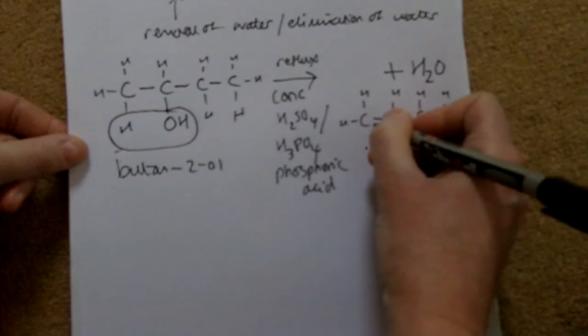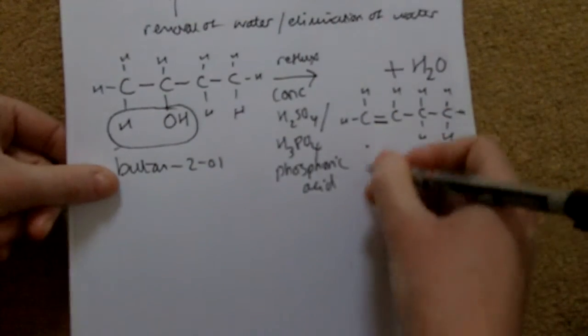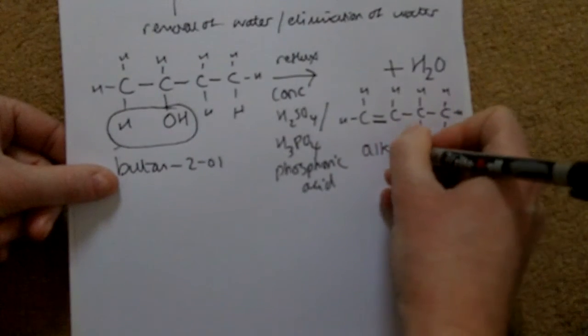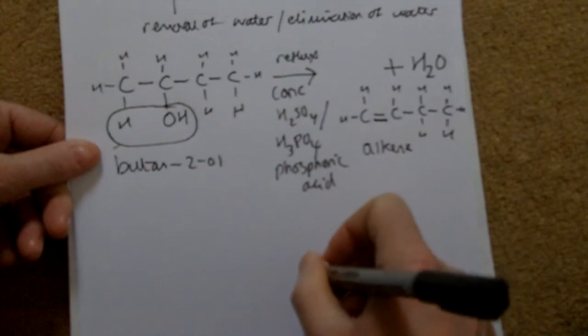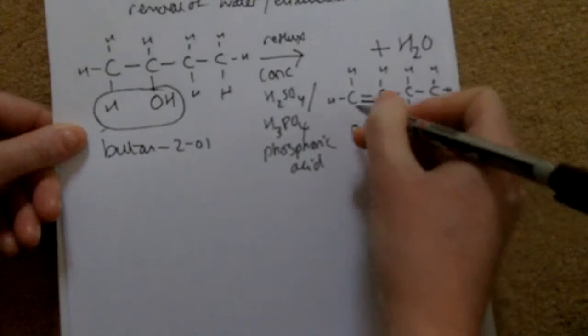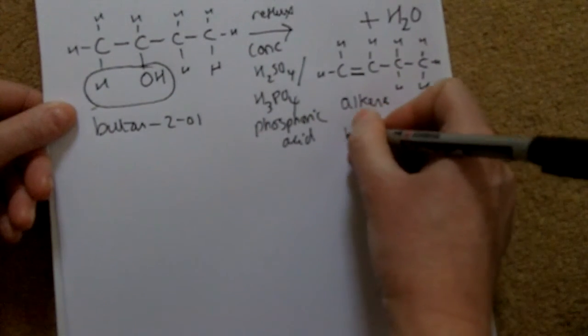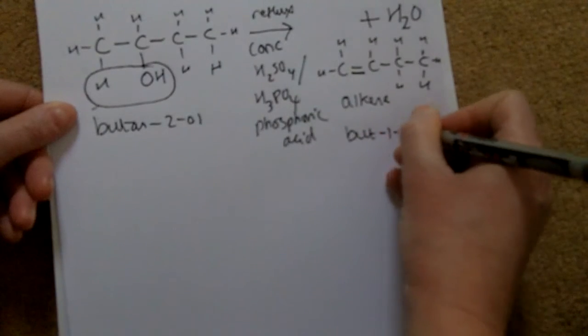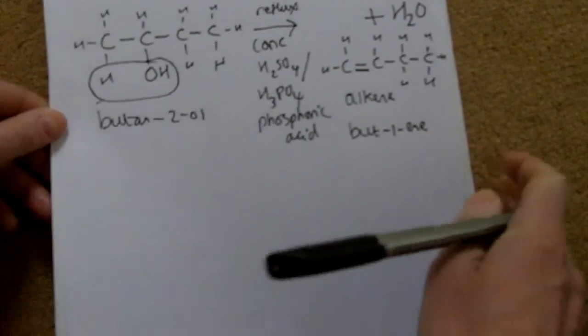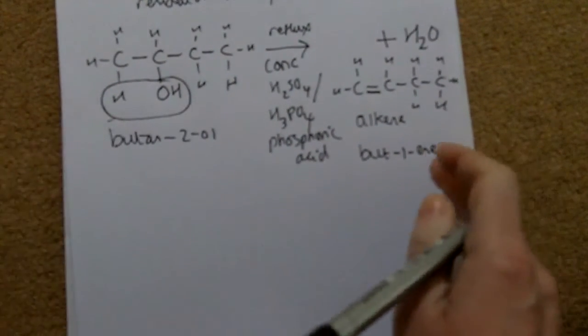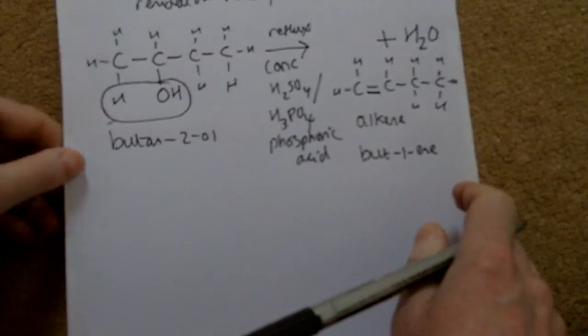So it puts in its place a carbon-carbon double bond, which is called an alkene. Functional group alkene. There's 4 carbons, so this would be called but-1-ene. I know we've not done alkenes yet, but I'm introducing a lot of functional groups to you here in one section.